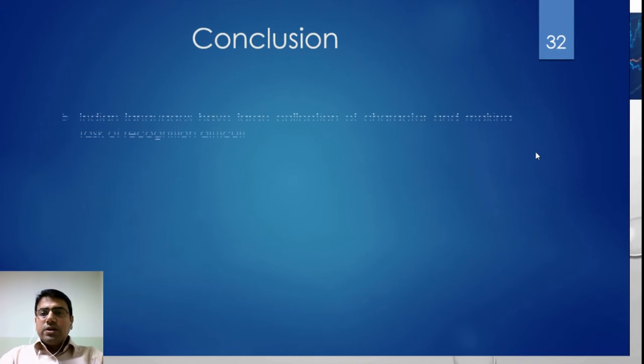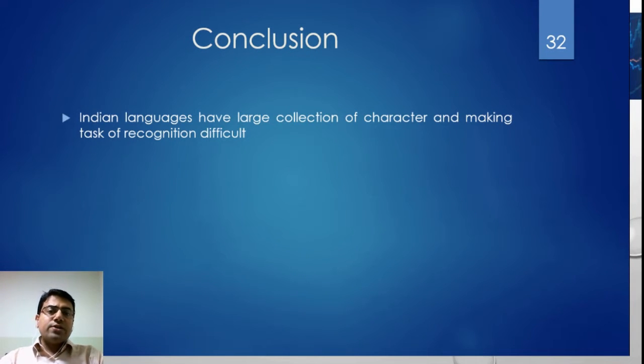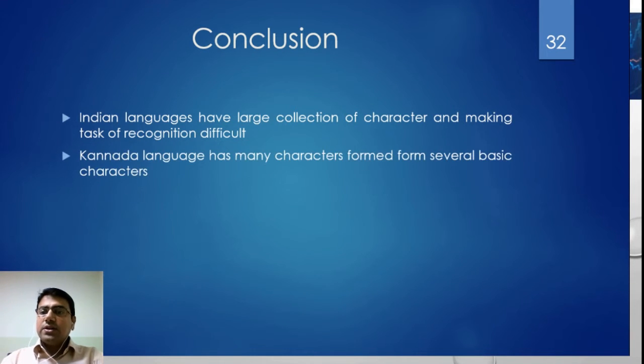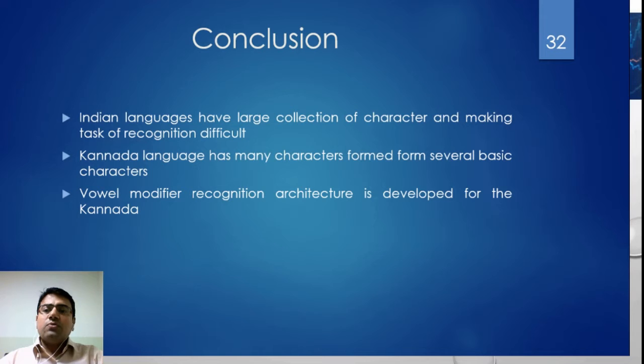In conclusion, Indian languages consist of a large collection of characters, making the recognition task very difficult. The Kannada language itself has a large collection of characters which are formed by a combination of basic symbols. Vowel modifier recognition is explained in this presentation along with the architecture which is developed.